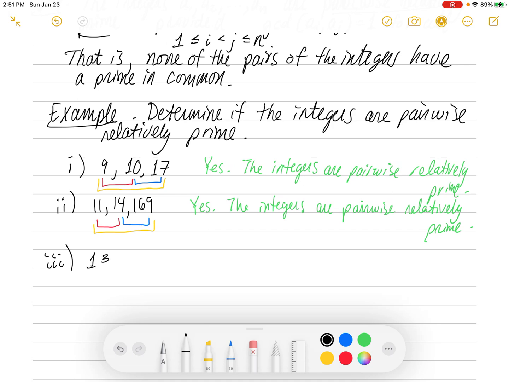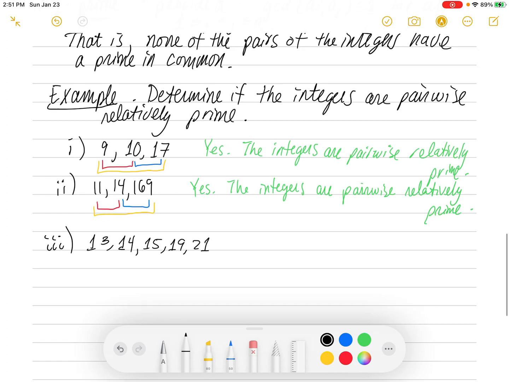Number 3, we do 13, 14, 15, 19, and 21. And the answer is going to be no, these are not pairwise relatively prime. There are actually 2 reasons.